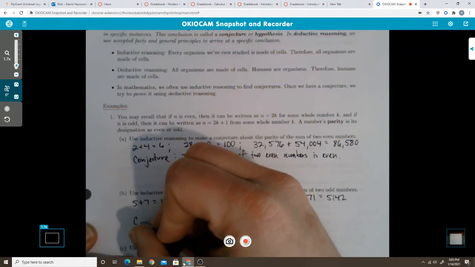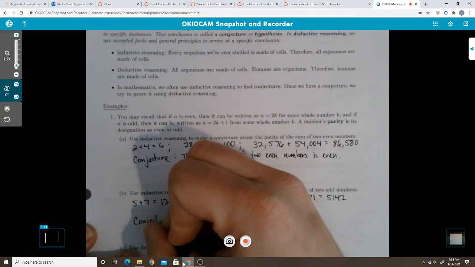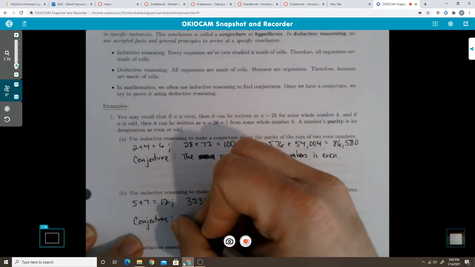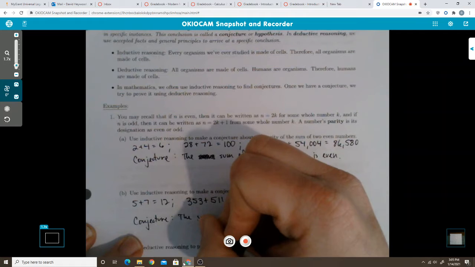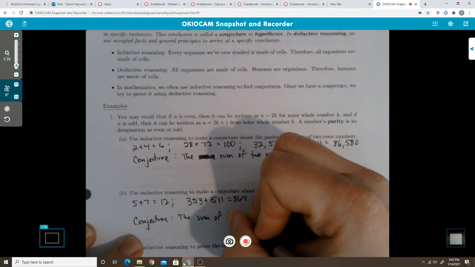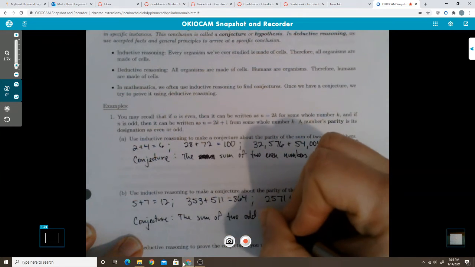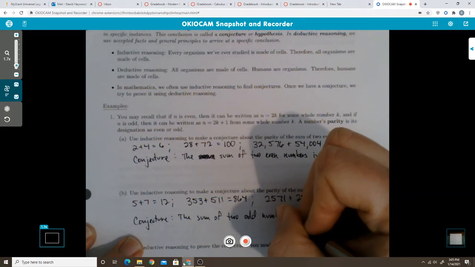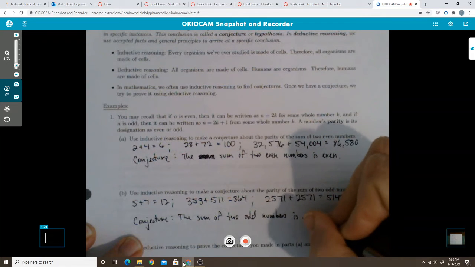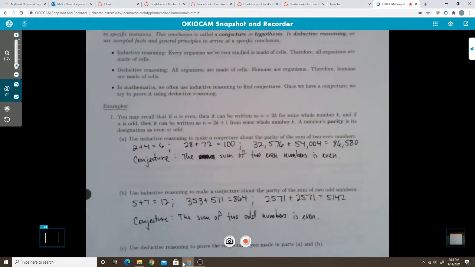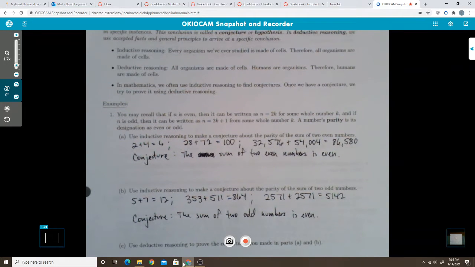So that's the conjecture we'll make here. The sum of two odd numbers is even. Okay, so that's interesting. So now, inductive reasoning on both of those examples.